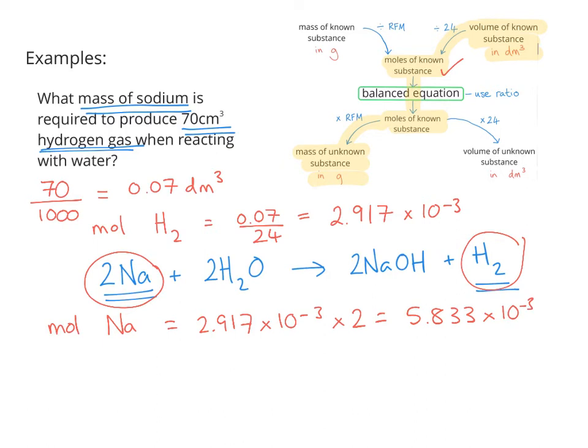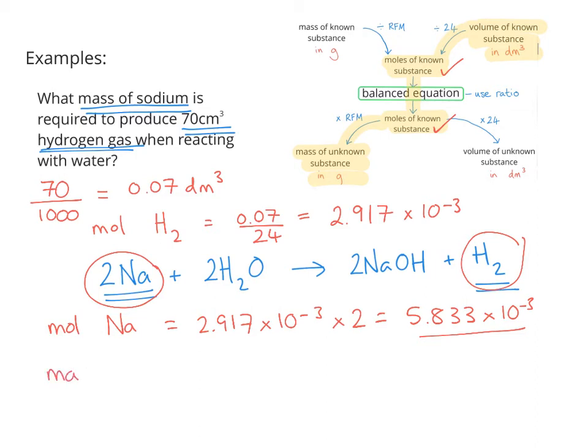If you round it up and then put your number in the calculator, you might have got those slightly different. It's not going to make a difference by the time we round up at the end. So I've got my moles of known substance. I'm now going to work out the mass of the unknown substance, which is sodium. I've got number of moles. Periodic table tells me the mass of 1 mole is 23.